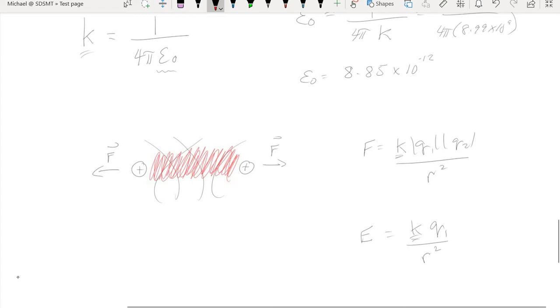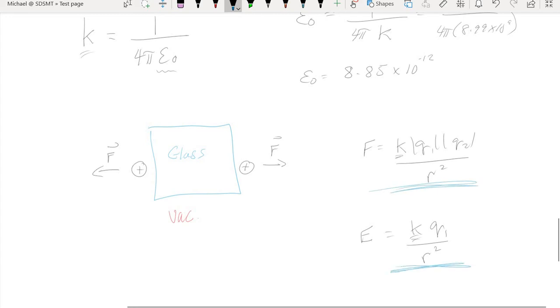And right now, we're just assuming that it's empty space, it's vacuum. But what would happen if I were to actually put something other than vacuum between these charges? Maybe I put a large brick of glass or ceramic or polymer in between these two charges. Is that going to affect how these charges interact with each other and how they produce their electric fields?